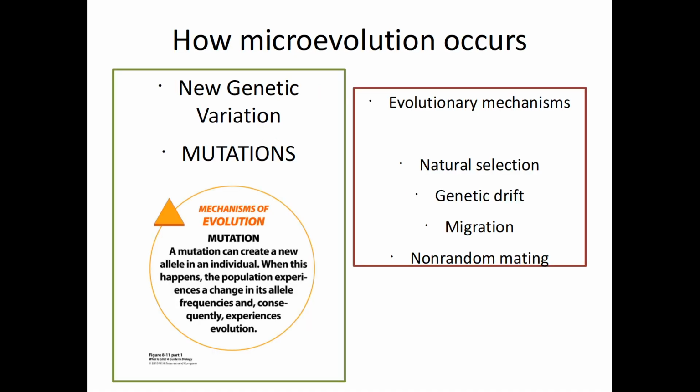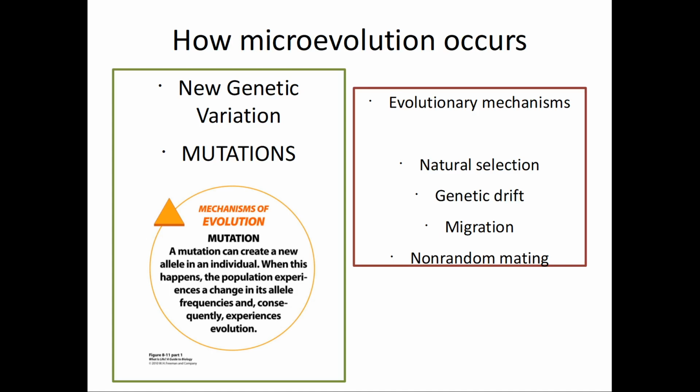All right, so how microevolution occurs: new genetic variation. We have mutations. A mutation can create a new allele in an individual. When this happens, the population experiences a change in its allele frequencies and consequently experiences evolution. So what's going on? We now have new choices for nature to select upon.